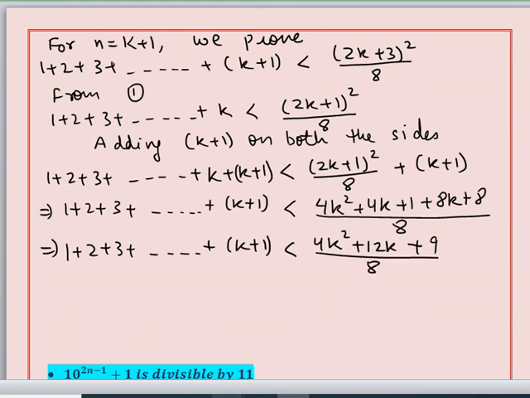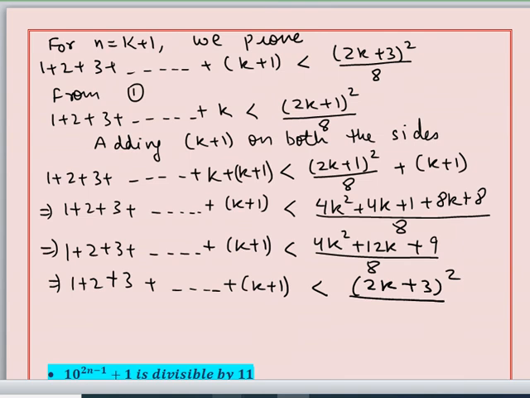We'll factorize the numerator now. This implies 1 + 2 + 3 till the (k+1)th term is strictly less than. Now look at this carefully. You will find it is a perfect square and it is (2k+3)²/8. See, this was needed in the right hand side.